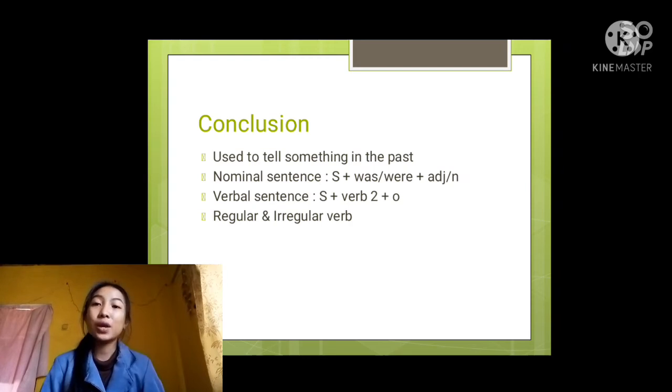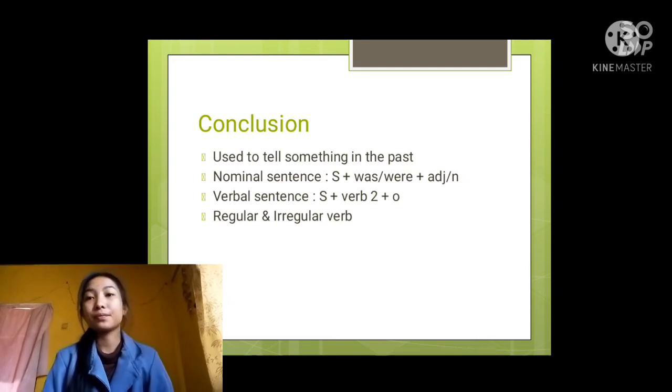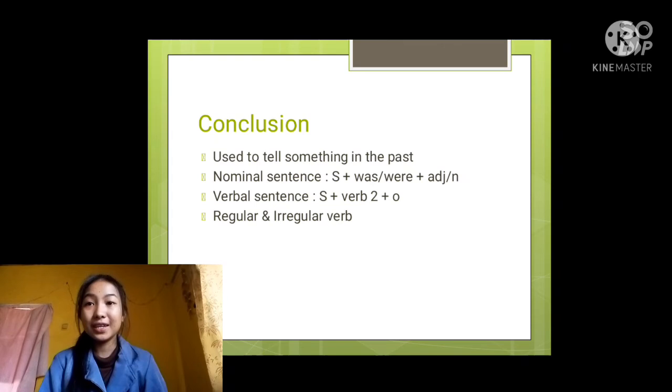And for verbal sentence, we have subject plus verb 2 plus object. In verbal sentence, we use different verbs: regular verbs and irregular verbs, which have their own forms. So that's all from me.